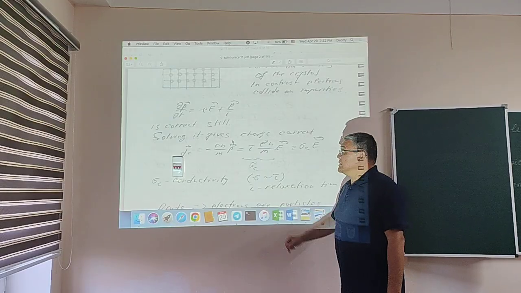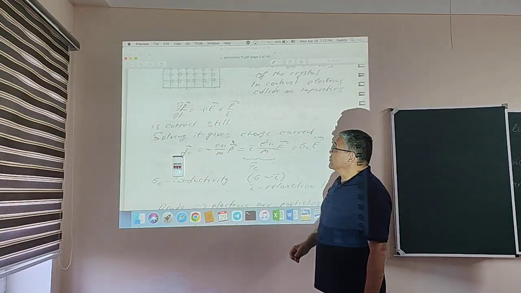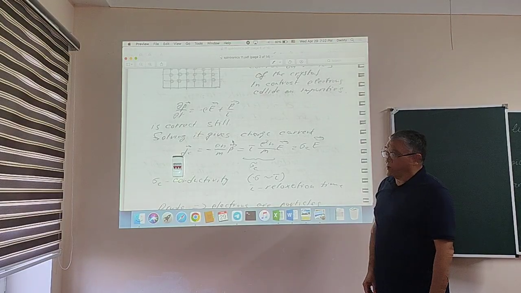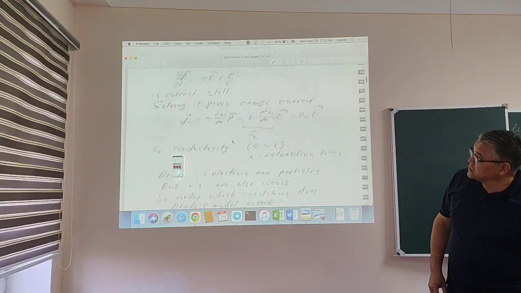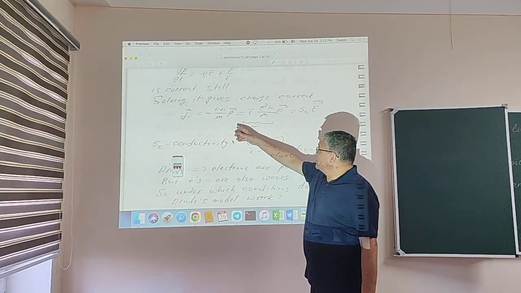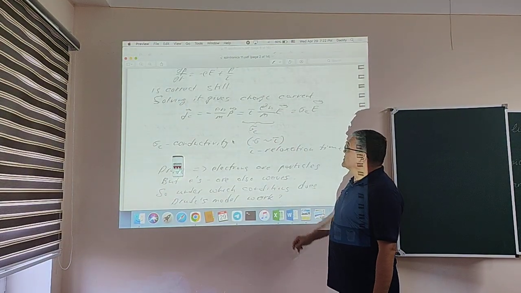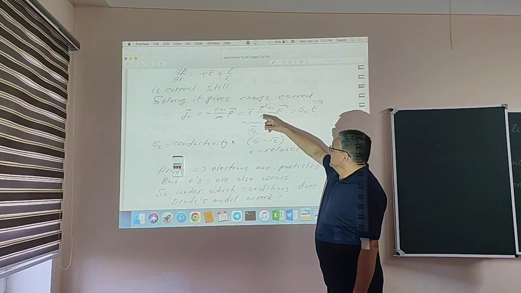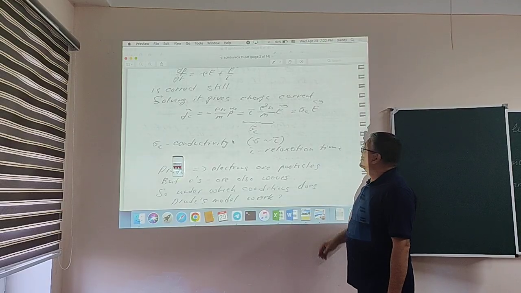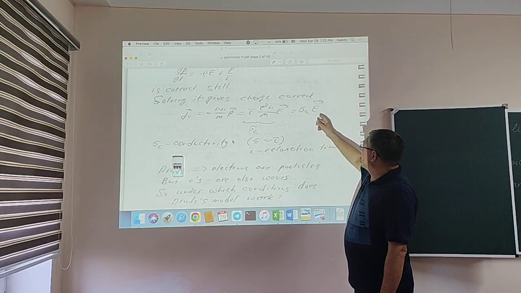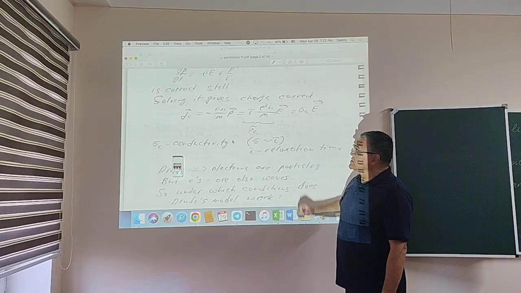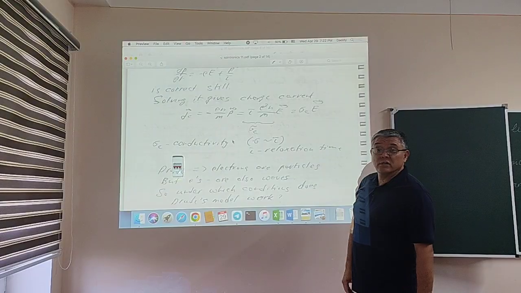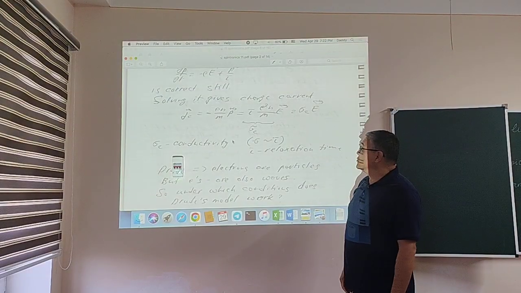In equilibrium, dp/dt is equal to 0, so we equate the right side to 0 and solve for P. Now, to find the current density, we can use this formula, j = (ne/m) times P, and we substitute the value of P that we derived above, and we finally find the current density, which is equal to sigma times E. Here sigma is called conductivity, and it is equal to this expression. So it depends on the relaxation time, which we now have to look at.